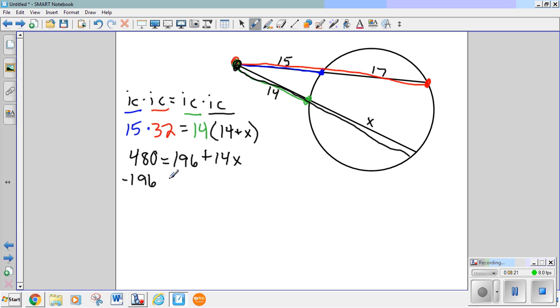Subtract 196 from each side. 284 equals 14x. Divide both sides by 14, and x is about 20.3.